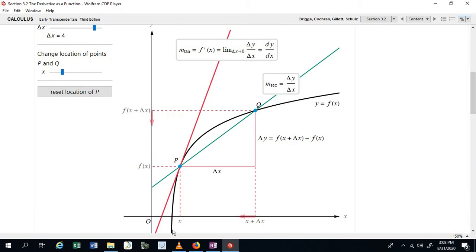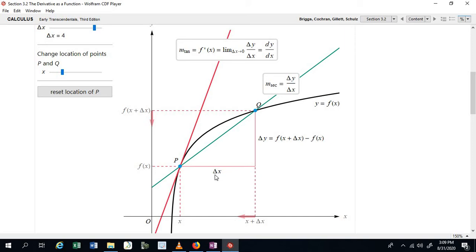Now in this diagram, suppose we have the graph of some function f of x that looks like this. And let's say we pick out 2 points on this function. So this point P is located at x comma f of x. And then we're going to pick another x value that's a little bit larger than this one, and we're going to call it x plus delta x.